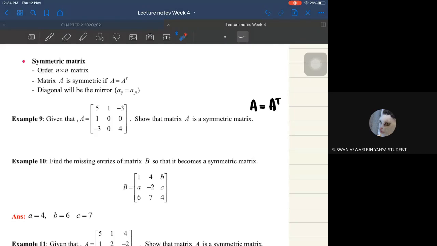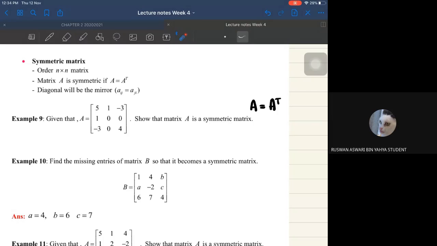Padahal kalau you tengok daripada sini, kita dah tahu dah dia symmetric sebab nilai ni sama, nilai ni sama, nilai ni sama. Okay. Tapi kalau soalan yang melibatkan you kena tulis solution, you kena upload solution, so you need to show this one. Okay, you tak boleh tulis since diagonal ni sama, satu sama dengan satu, negatif 3 sama dengan negatif 3, jawapan tu tak diterima.